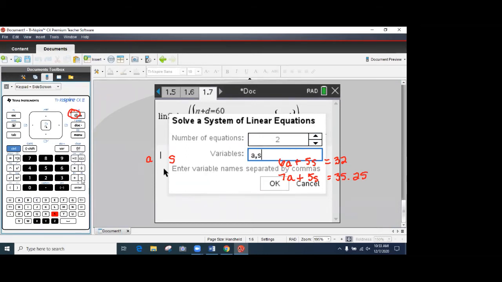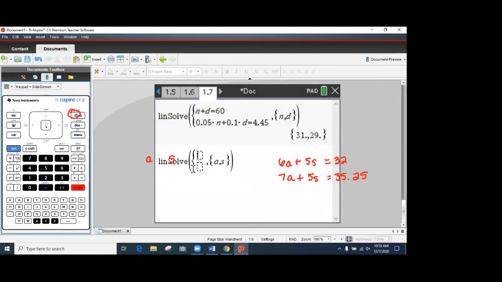Now we're going to type this in. We've got 6A plus 5S is equal to, we're using this equation right here, 6A plus 5S equals 32. That's our top equation.